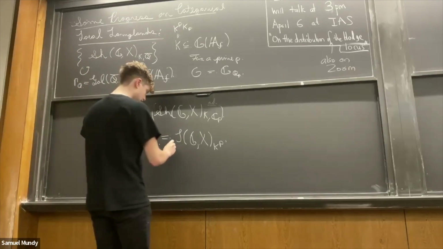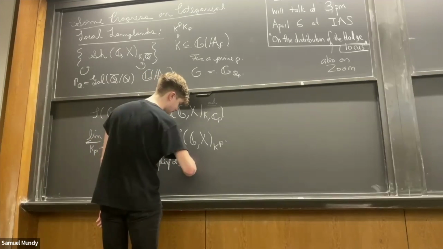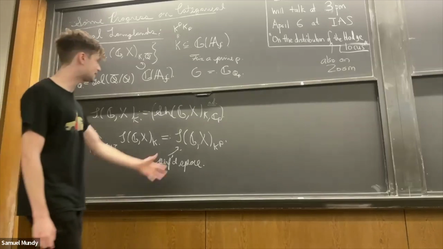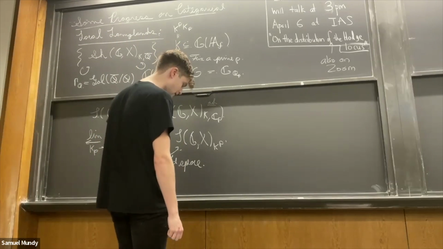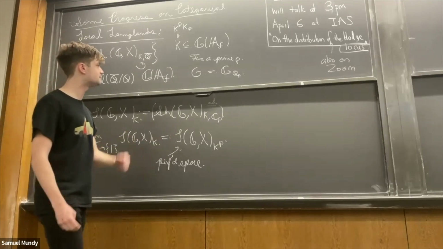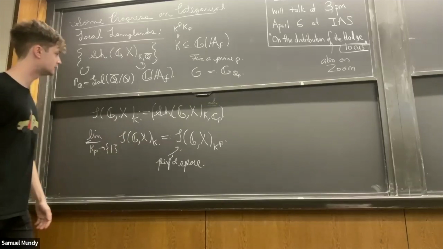So this gives an example of what's called a perfectoid space. And it's not really so important what that exactly means for this talk. But the point is that this is the minimal framework you need to do relative p-adic Hodge theory, so to do the p-adic analog of Hodge theory in families.